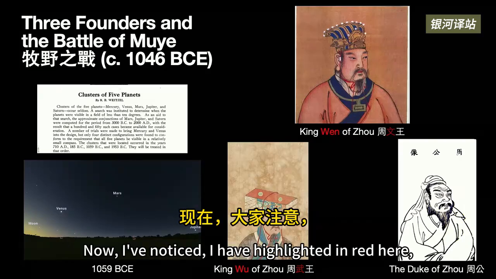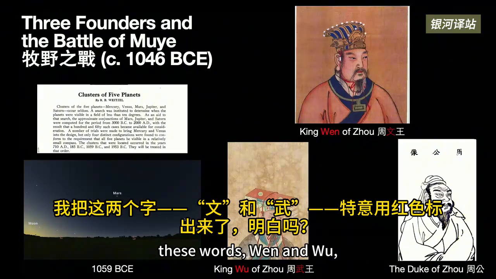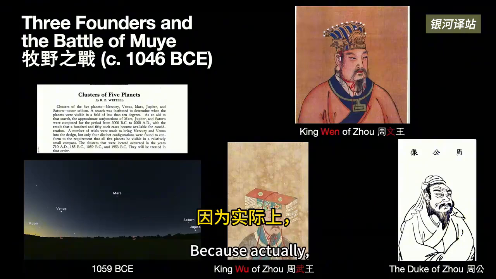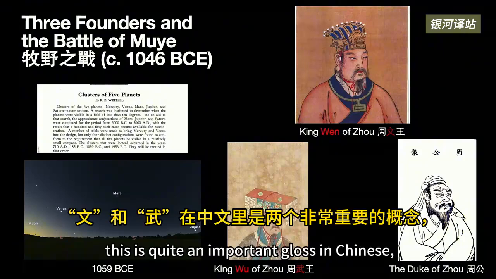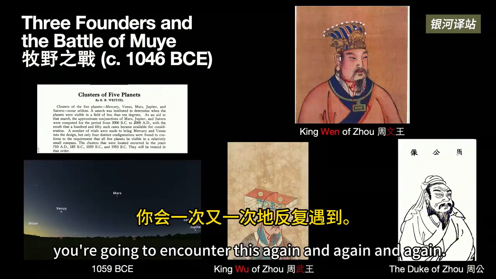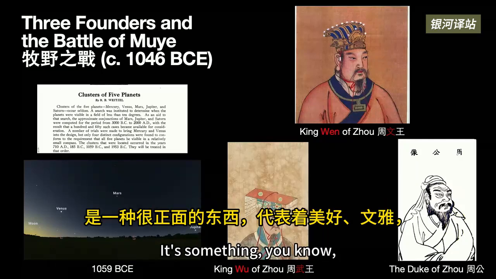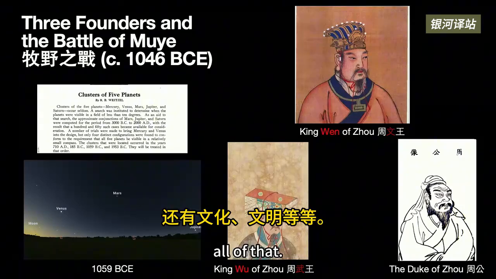Now, I have highlighted in red here these words Wen and Wu, okay? Because actually this is quite an important gloss in Chinese and in Chinese history. You're going to encounter this again and again and again. Basically, Wen is like culture, right? Something very positive. It's good. Culture, civilization, all of that.